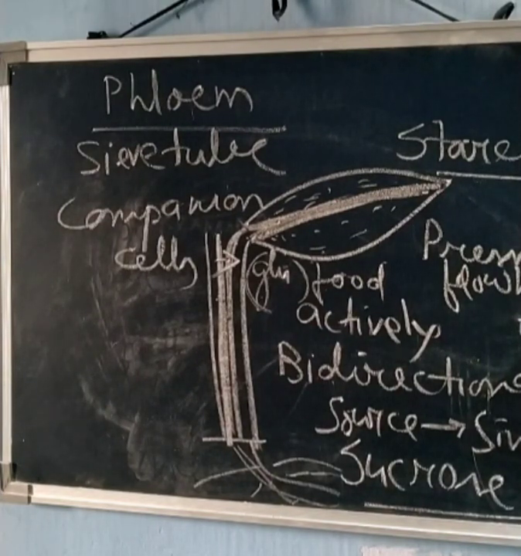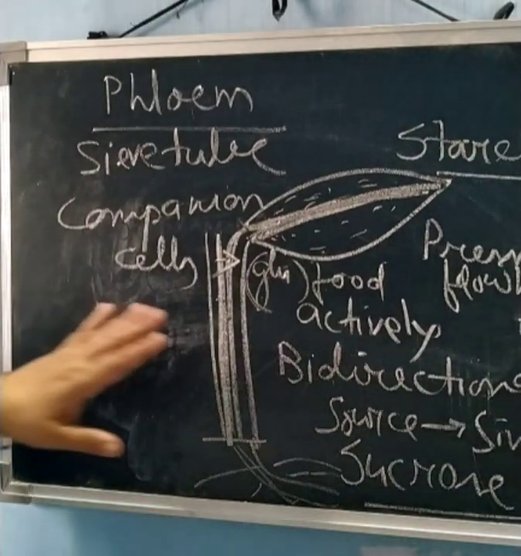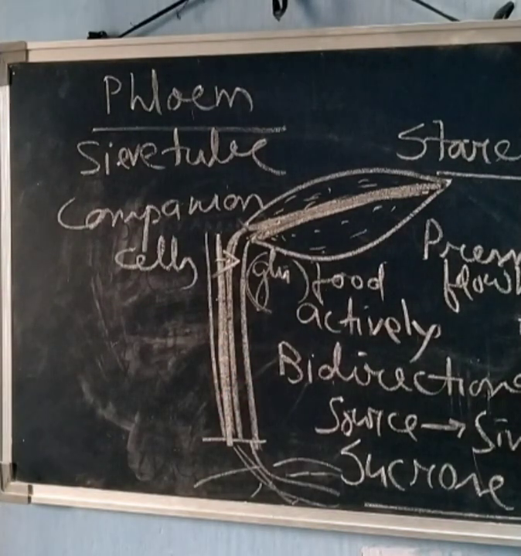The translocated nutrients are sucrose, as already told, amino acids, organic acids, hormones, and other organic solutes. So this completes the transportation in plants, and you have understood the mass flow hypothesis. That is the major theory responsible for describing this food flow through the phloem.